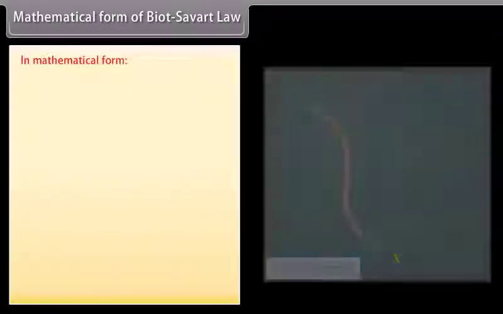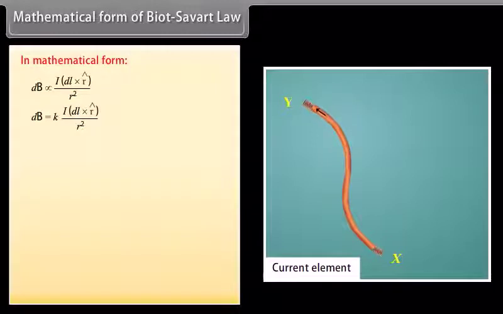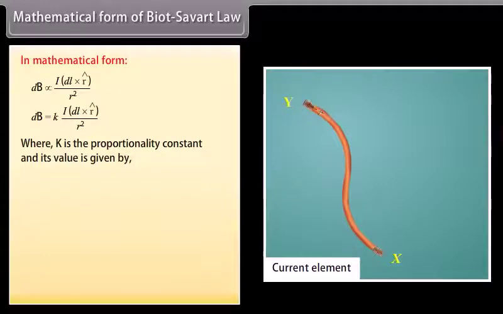Mathematical form of Biot-Savart law. In mathematical form, dB is equal to K multiplied by I and cross product of dl and r cap divided by r square, where K is the proportionality constant and its value is given by mu naught upon 4 pi.